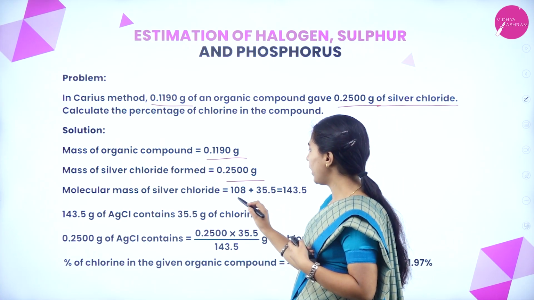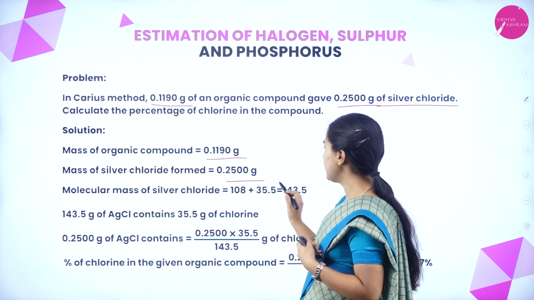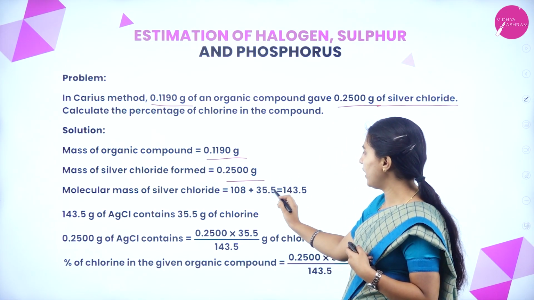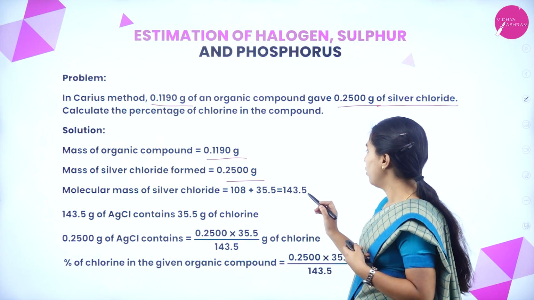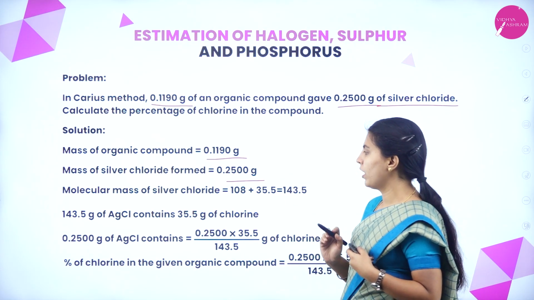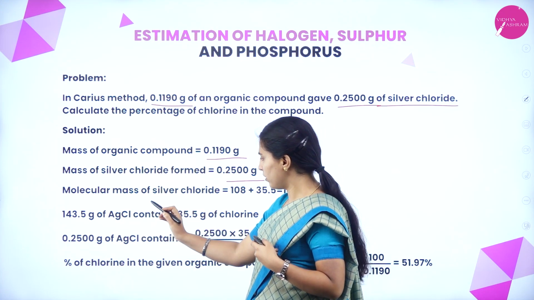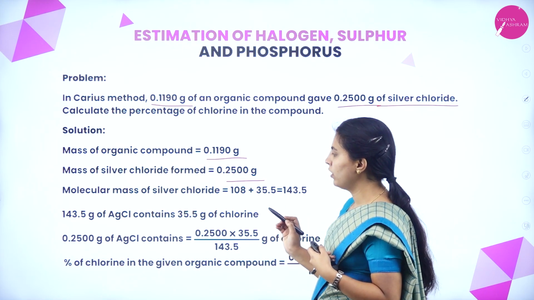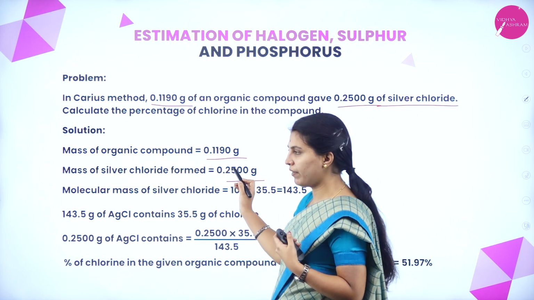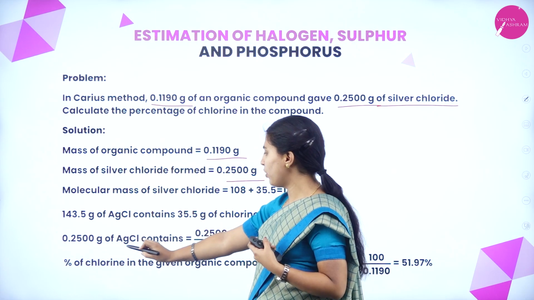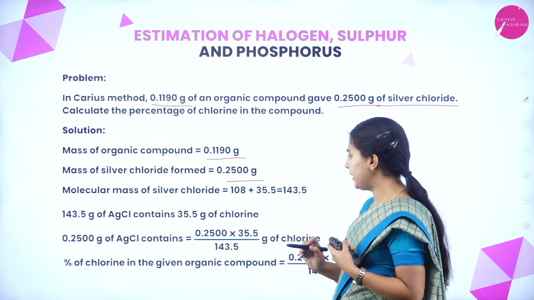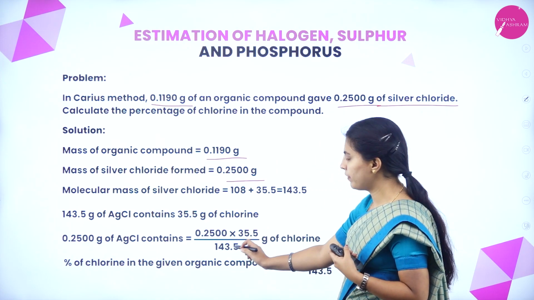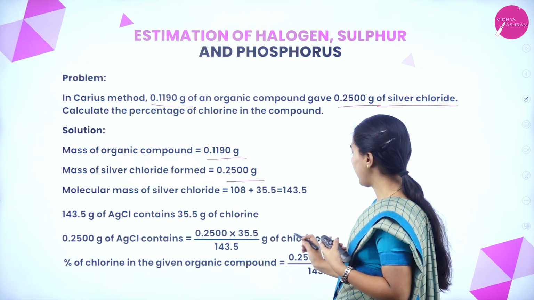Molecular mass of silver chloride is 108 plus 35.5. Overall this is silver chloride and this is chlorine, 35.5. Overall 143.5. 143.5 gram of silver chloride contains 35.5 gram of chlorine. So whatever silver chloride is formed, that much silver chloride contains 0.2500 into 35.5 divided by 143.5 gram of chlorine.